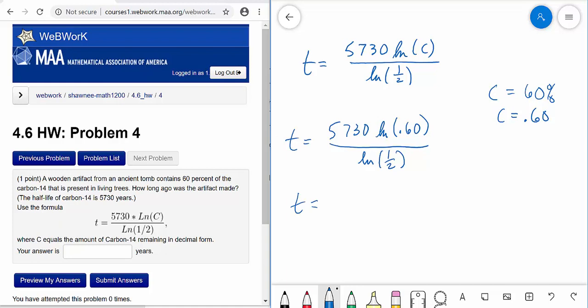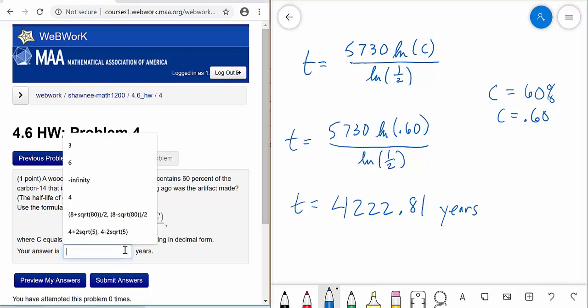When I evaluate this expression, I get 4,222 years and 0.81 years. This is a rough estimate, so we don't have to be too accurate with the decimal places.